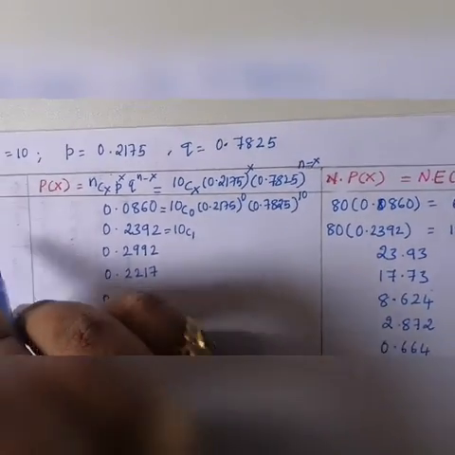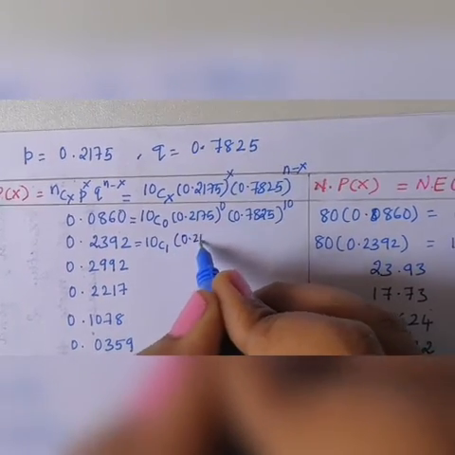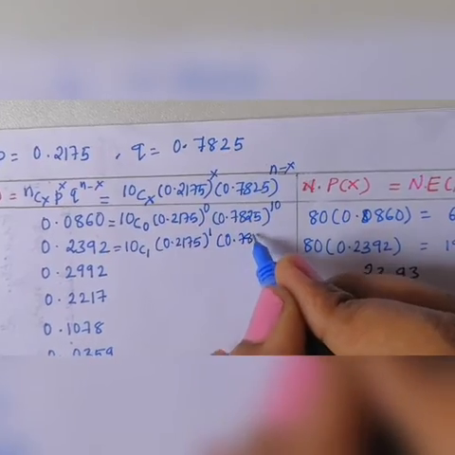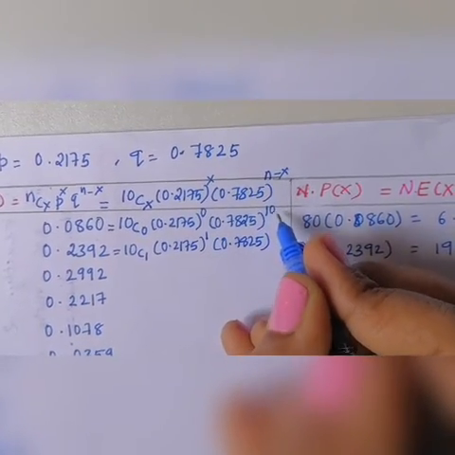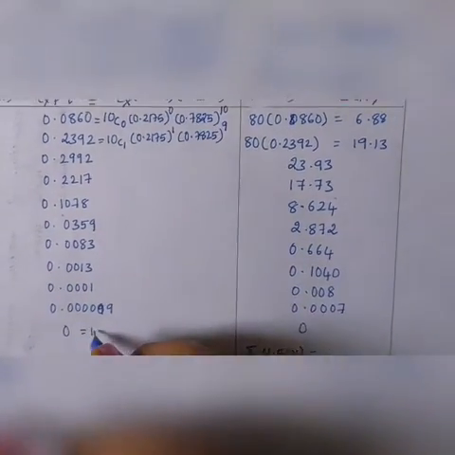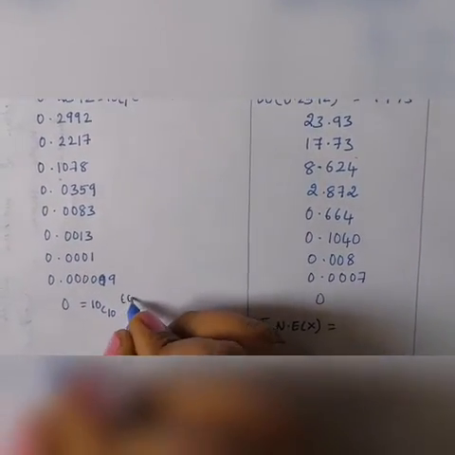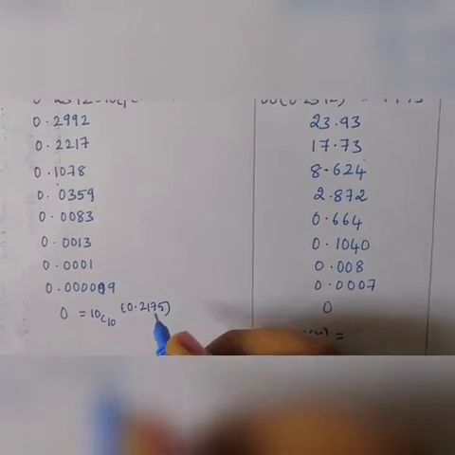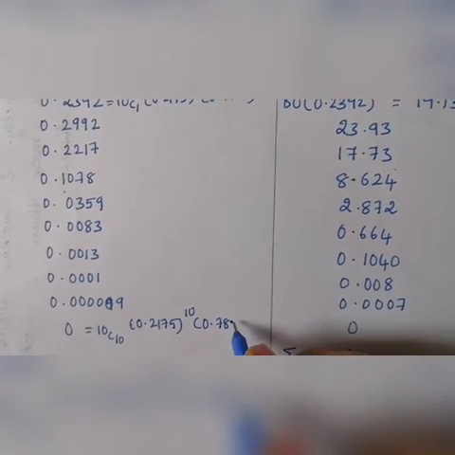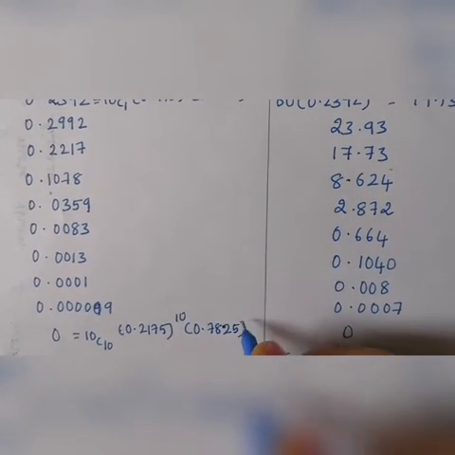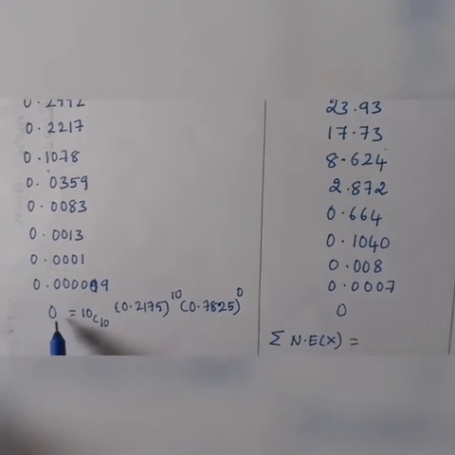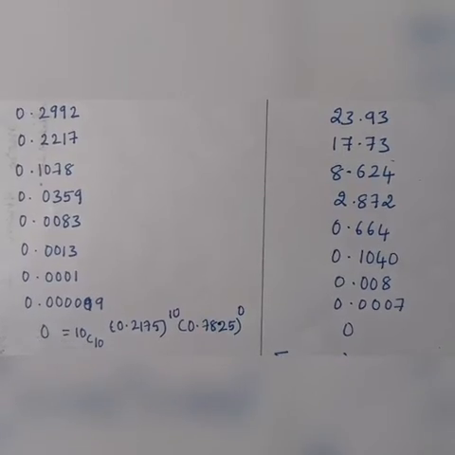For x is equal to 1, 10C1, 0.2175 to the power 1, and 0.7825 to the power of 10 minus 1, which is 9. Like that, you substitute for all the values. Here you're going to get 10C10, 0.2175 to the power of 10, 0.7825 to the power of 0. 10 minus 10 is 0. You get a very big value, so I approximated it to 0.